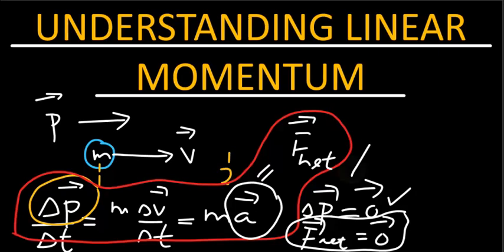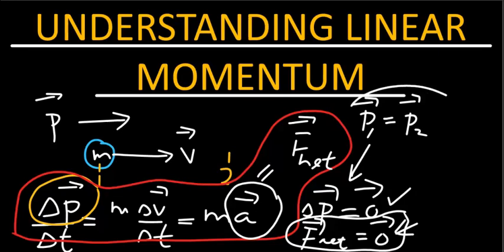Another way to write delta p equals 0 is by simply to say that the linear momentum at point 1 equals the linear momentum of that object at point 2, provided there is no external force acting on this object. This statement is what we call the principle of conservation of linear momentum.